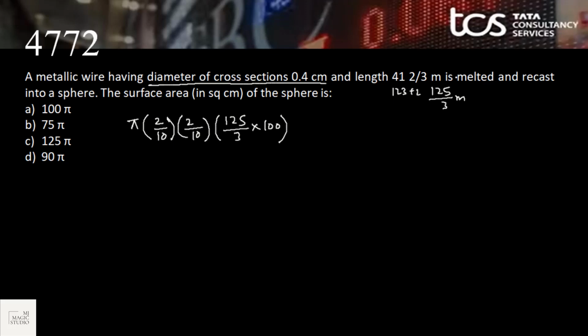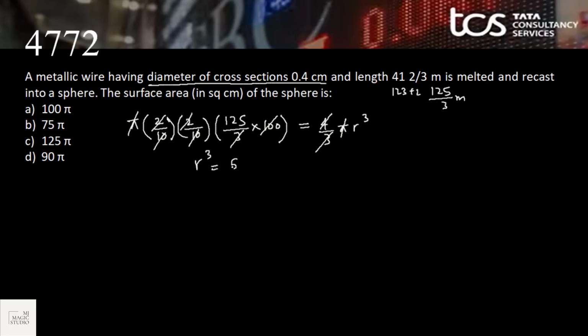That is the volume of the metallic wire, which is melted and recast into a sphere. So the volume of the sphere would also be the same. Volume of sphere is 4 by 3 pi r cube, where let the radius of the sphere be r. And if we solve this, we can find the value of r. 10 gone here, 3 gone here, this 4 gone.